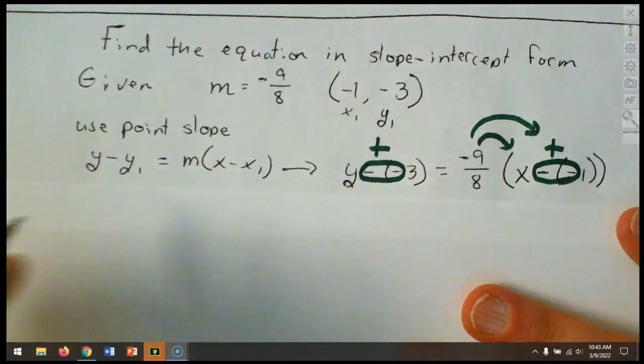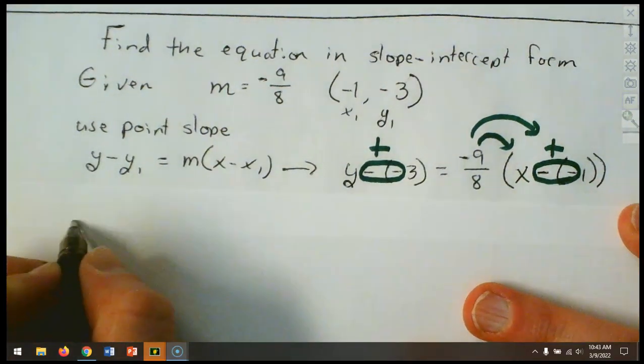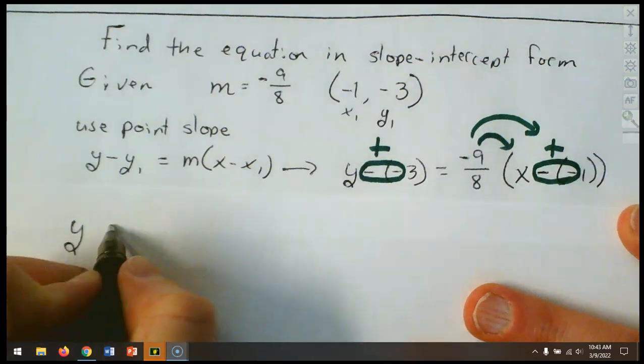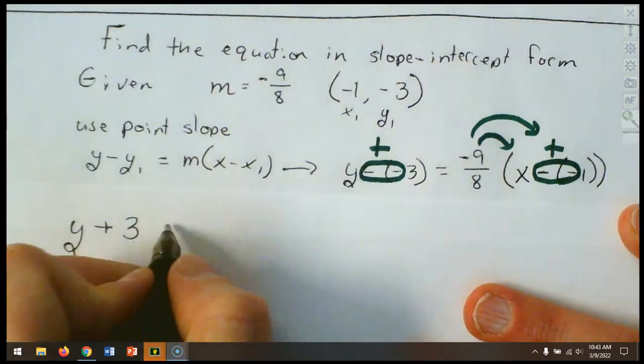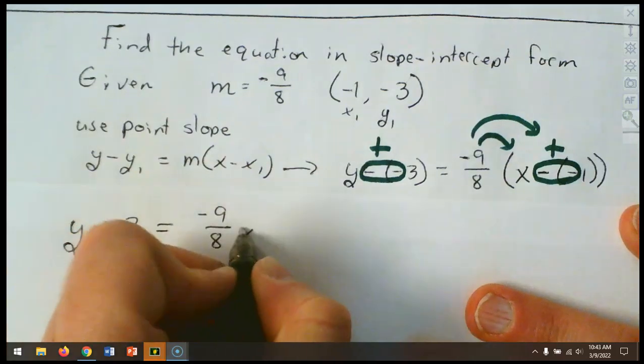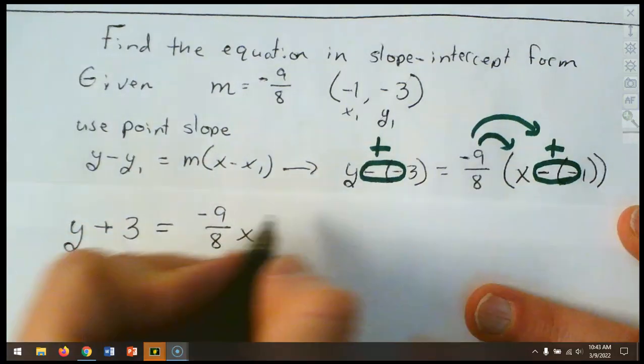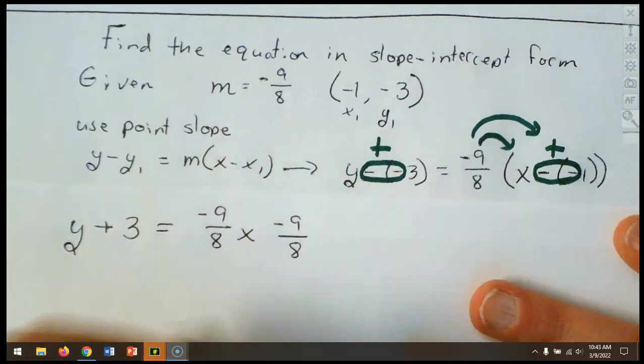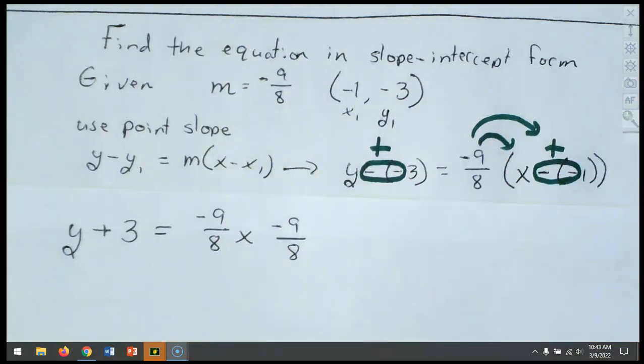When I distribute it through and change my signs, I've got y plus 3 equals now minus 9/8 x minus 9/8. We want this in slope-intercept form.